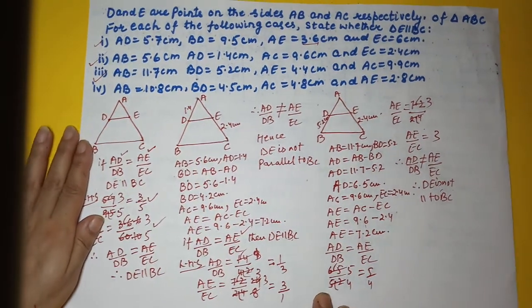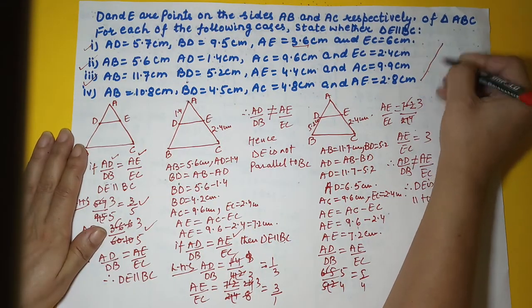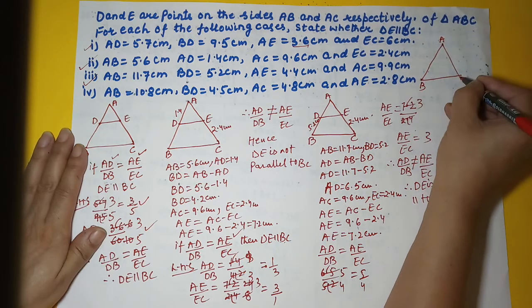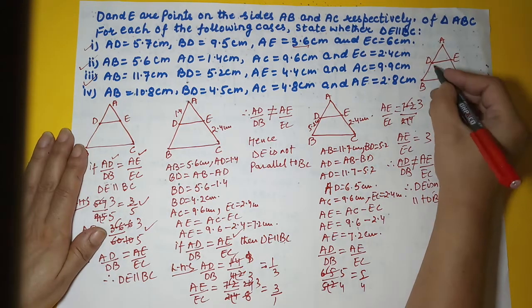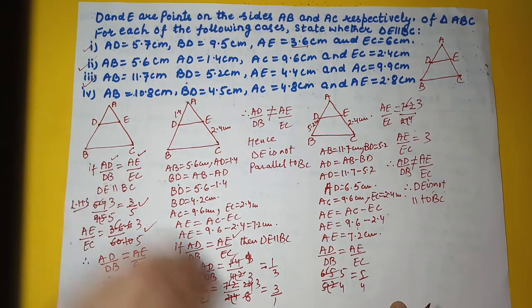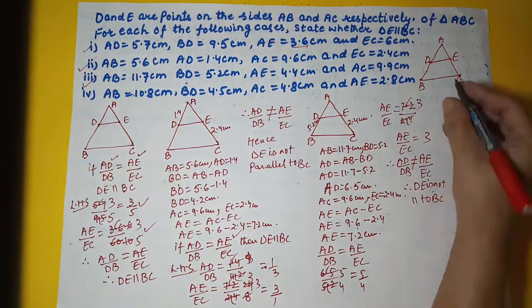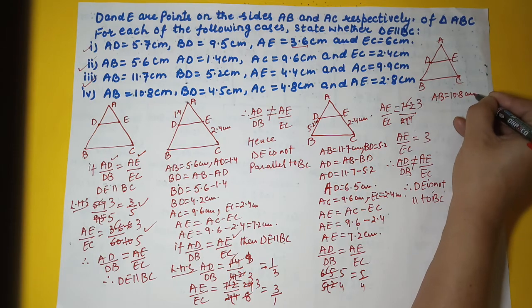Now we will answer the fourth part. So what is given in the fourth part? In the fourth part we have triangle ABC. DE is parallel to BC, D and E are 2 points on the sides AB and AC. AB, entire AB is given 10.8 centimeters.